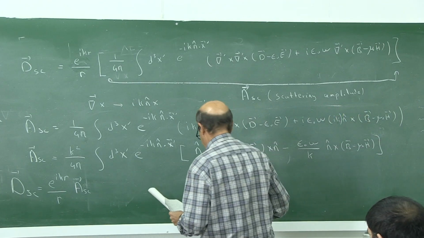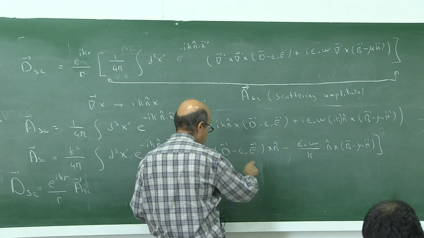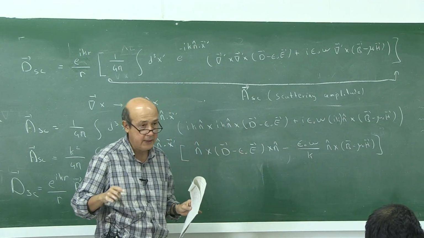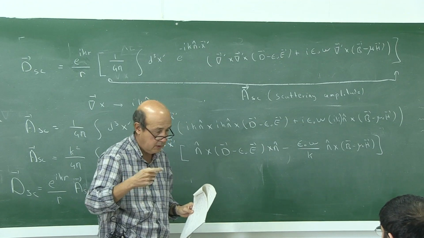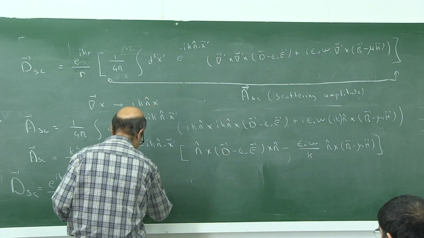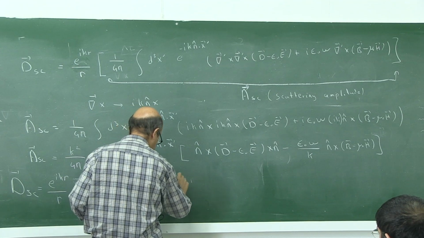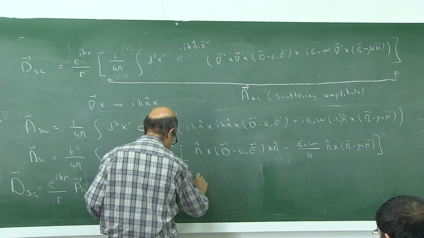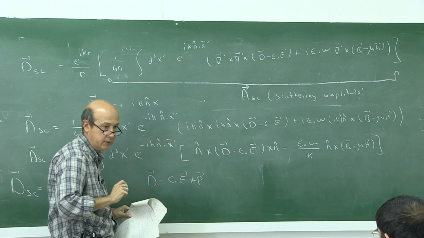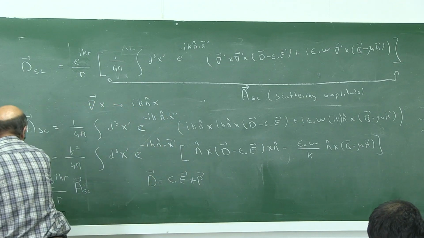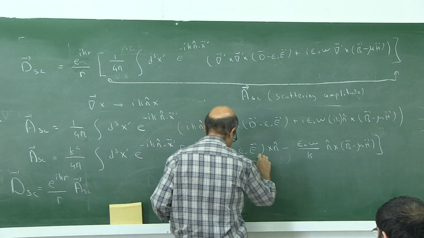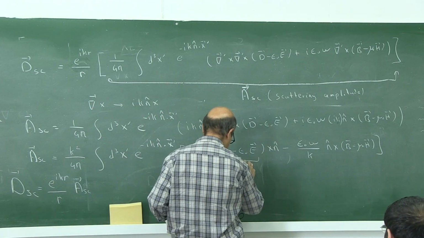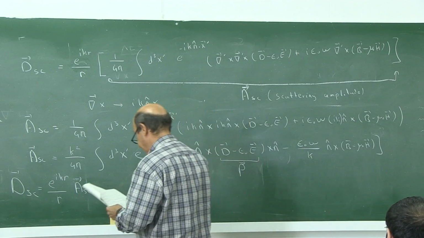Basically D minus epsilon 0 E is directly the definition of the polarization, because you know that electric displacement is equal to epsilon 0 E plus polarization. Okay, you know this. This is directly related. The other also, but you have to play with the units a little bit. This is the polarization.